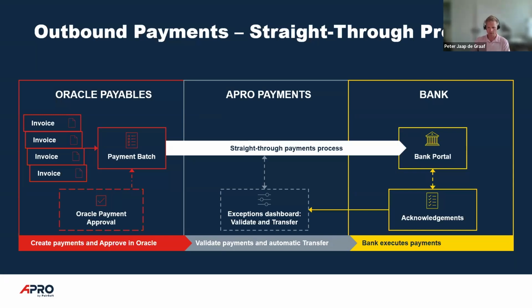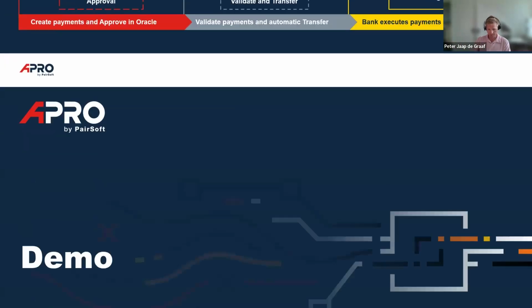If the payment is accepted, it will be transferred from the bank to you and visible within APRO in the dashboarding. APRO will also send out the payment specification to your customers automatically if that is needed.